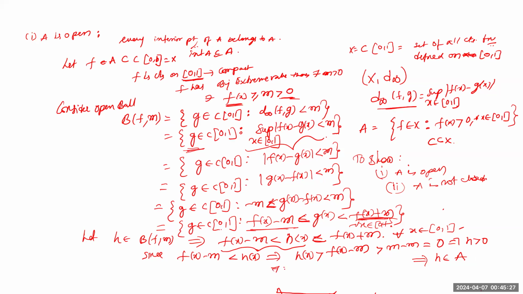There exists small m greater than 0 such that the open ball B of f comma m is a subset of A. That implies f is an interior point of A. That implies f belongs to interior of A. First, you took f belongs to A and you proved that f belongs to interior of A. So every point of A is an interior point.